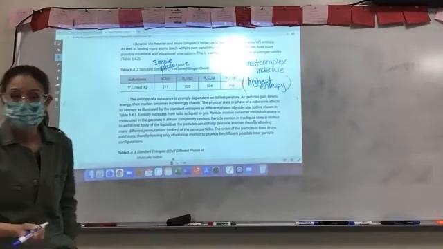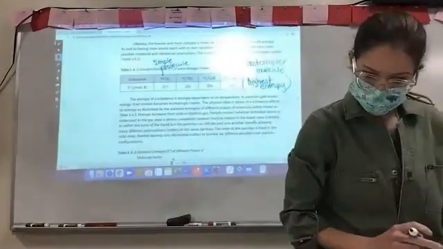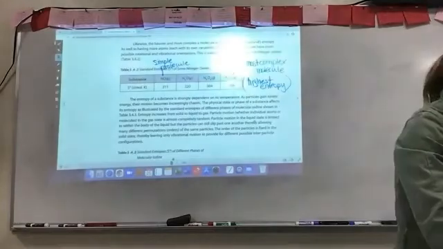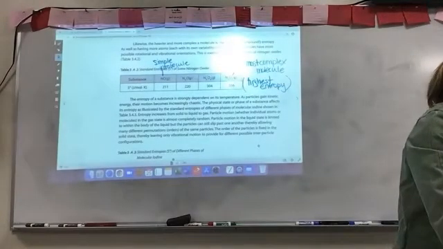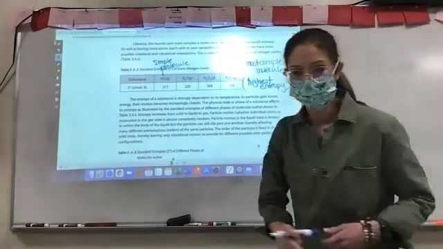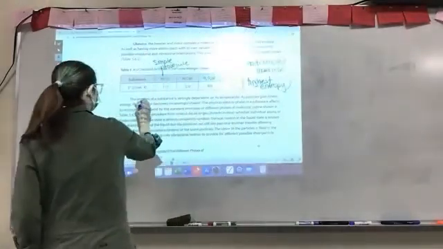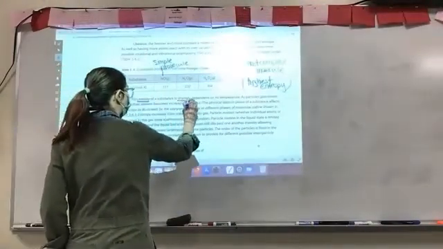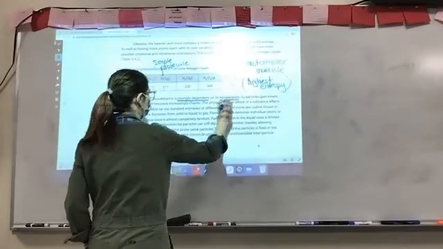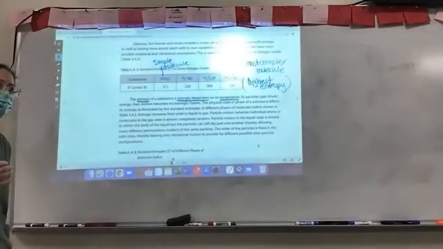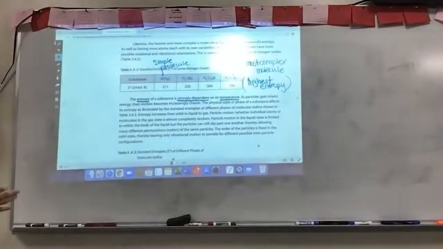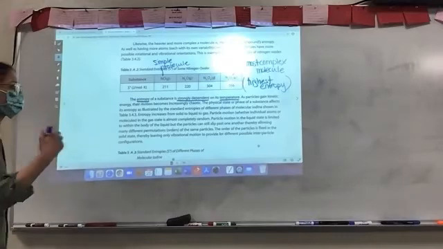Easy enough? Okay. Let's talk about how entropy is dependent on temperature. The entropy of a substance is strongly dependent on temperature. This is because as particles gain kinetic energy from the temperature increasing, they're going to be moving more randomly, more chaotically, and in different locations, right?